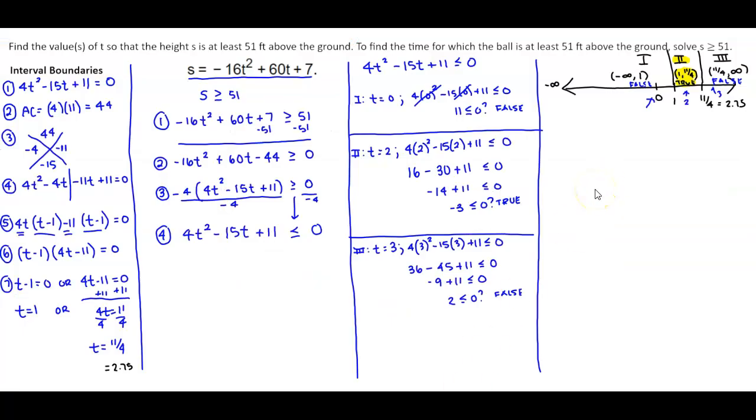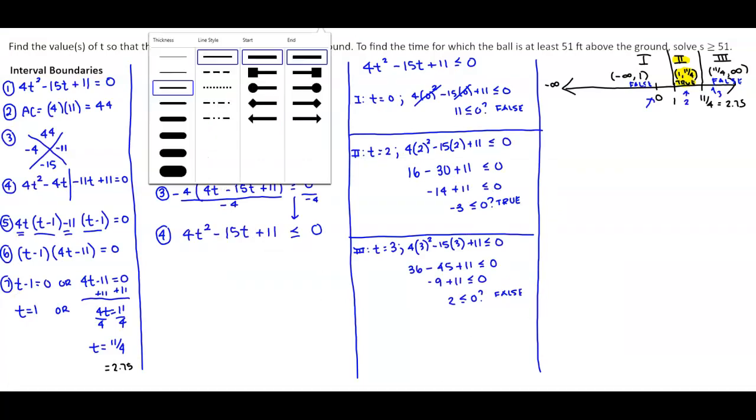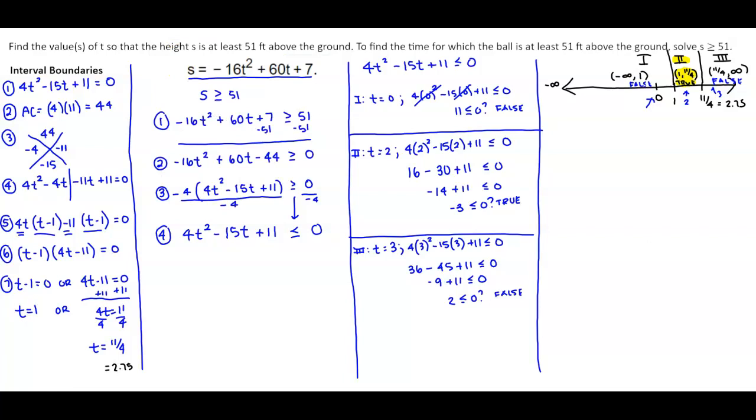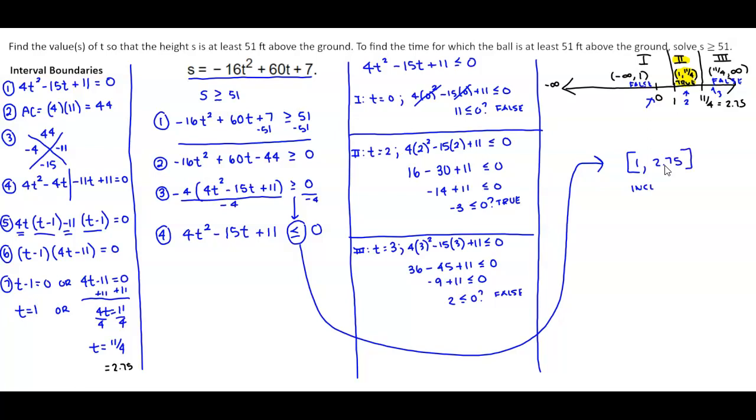Because it says at least, that told us that this was less than or equal to, so it ends up being equal. That means we're going to be including 1 second. And then 11 over 4 is the same thing as 2.75 seconds, so it's going to be included. It's inclusive because you're including it with the brackets.